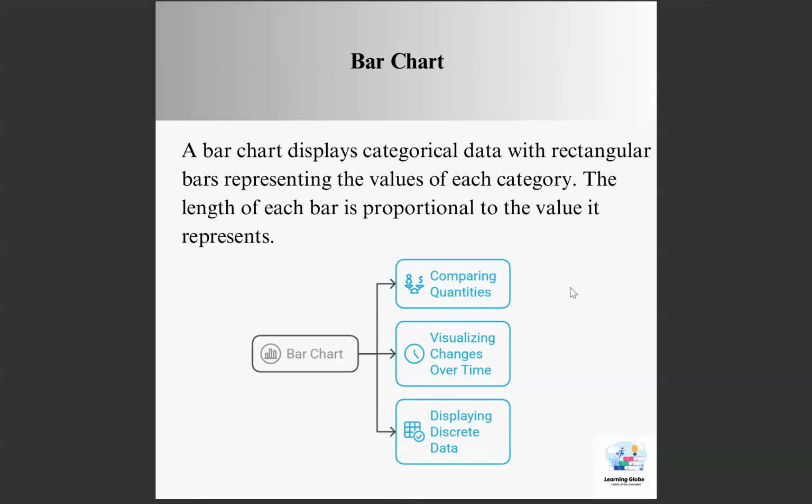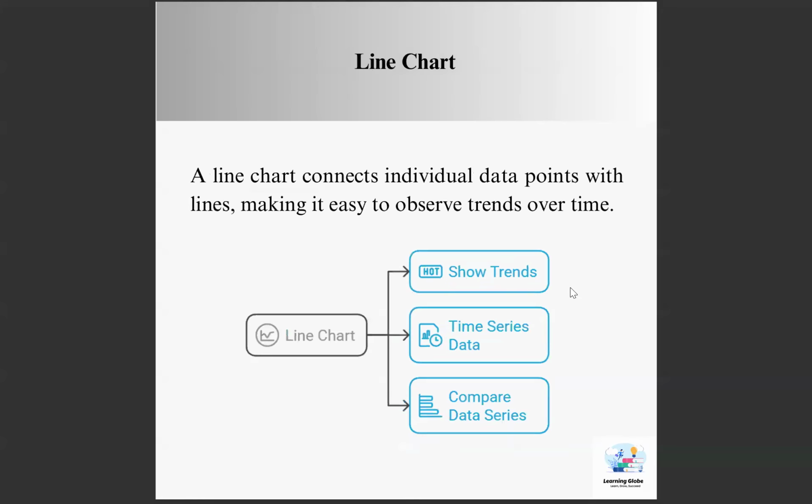The next chart we have is the line chart. A line chart connects the individual data points with lines, which makes it very easy to observe trends over time. With the help of a line chart, you can show trends, for example, which is the hottest top-selling product in the market, or what the current job requirements are.